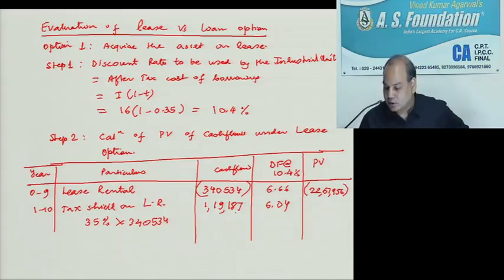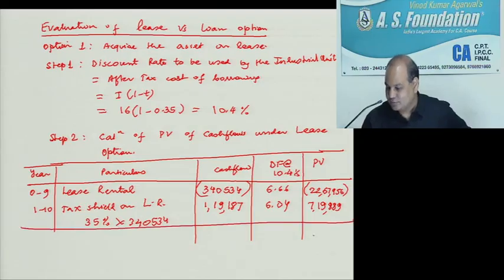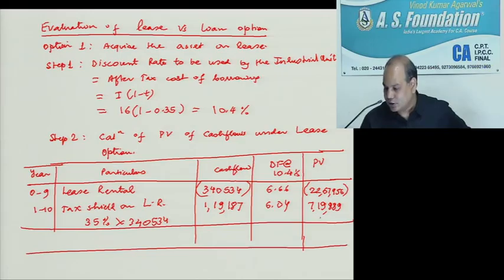Once again, 1,19,187 into 6.04, 7 lakh 19,889. So tell me the total under this option. One is negative, one is positive. 15 lakh 48,067 negative.